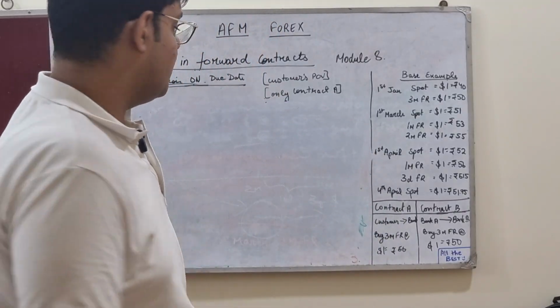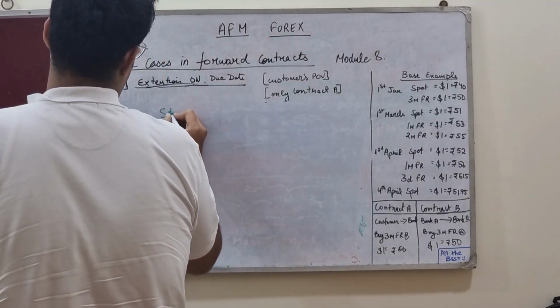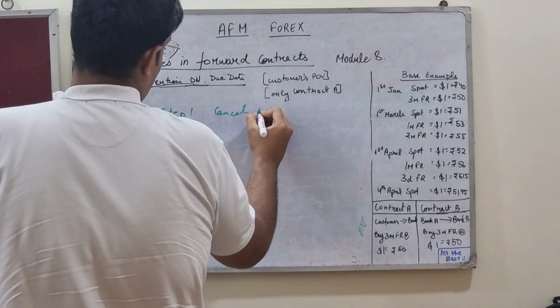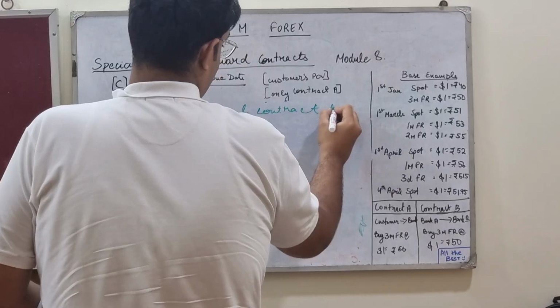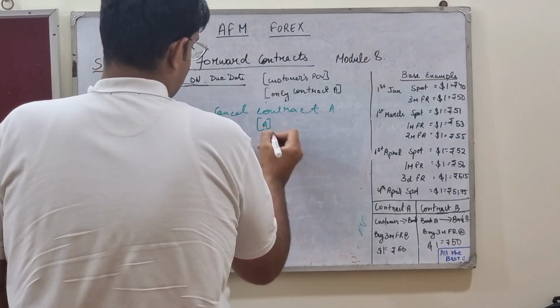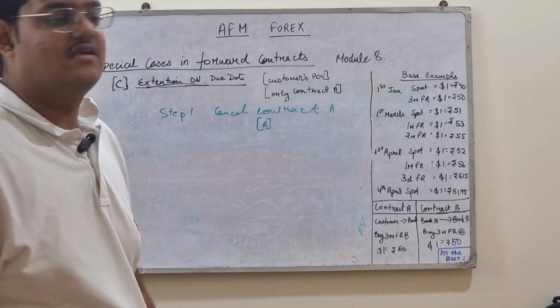How is that possible? So there are 2 steps to it. Step 1 would be cancel contract A. So this would be our special case A, which is cancellation on due date. Basically we take an opposite stand.